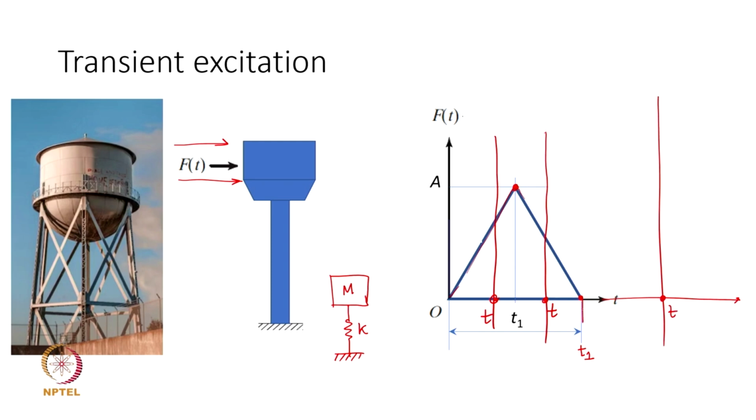Obviously, the amplitude which is here will continue to be the same here, but that is what we want to know: how the amplitude is going to be after a certain period of time t at different locations. So, we may be finding it out before appearance of this largest value of the amplitude, or a little later as well. Okay. So, with this example in mind, let us look at how the response estimation goes.